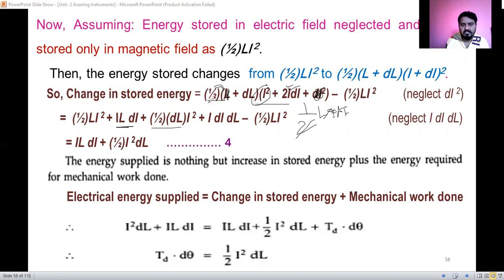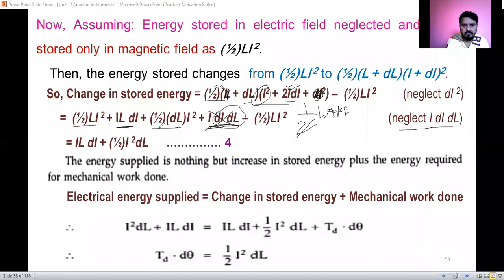Plus symbol plus here. Again 1 by 2 and into 2 gets cancelled here. So dl into di here. So I dl di is the term we will get here. Again second differentiation will come here, d and d. So this term also we are neglecting here. Neglecting I di dl here. What is the term left here now? 1 by 2 li. I will take a different color.